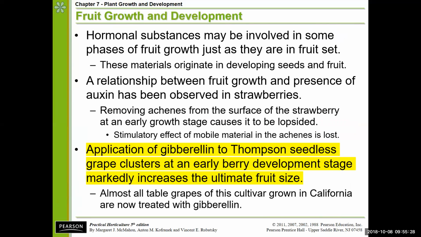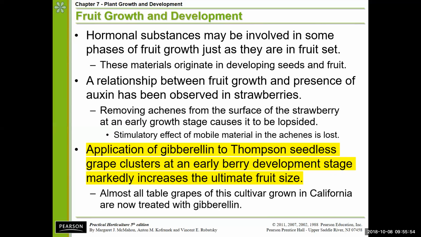So we're going to look at some hormonal substances, and I'm just going to highlight the ones I think are most important and most applicable to a lot of crop growth. One big one here is the application of gibberellin to grape clusters at an early developmental stage of the fruit, which increases fruit size.